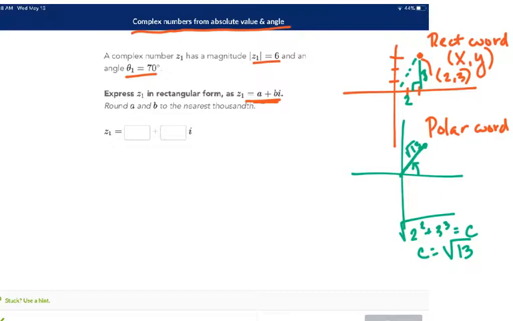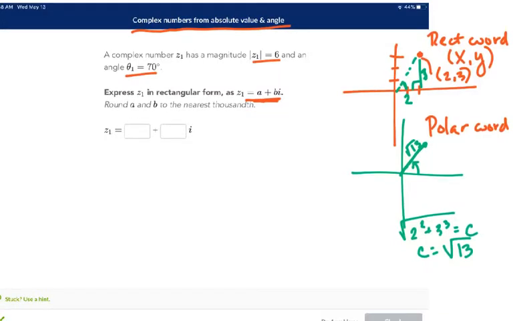And then you would find the angle by using some sort of trigonometry, saying the tangent of this angle here will be the opposite side, which is 3, over the adjacent side, which is 2. So we could find that angle the same way.